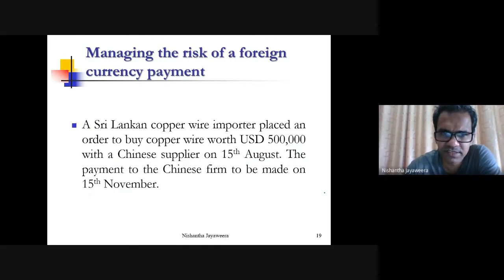So far we have discussed this from the exporter's point of view, that is, when you have a foreign currency receipt. Even though I took the example of an exporter, the basic concept is that you have a foreign currency receipt.